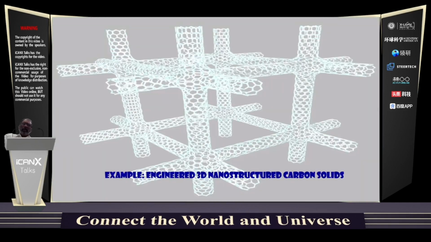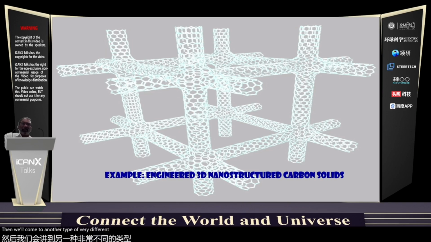So if I look at materials, particularly, I'm going to show several examples of carbon nanotubes, which I started off working in this area very early on in my career. Then we'll come to another type of very different dimensionality material, 2D structures.